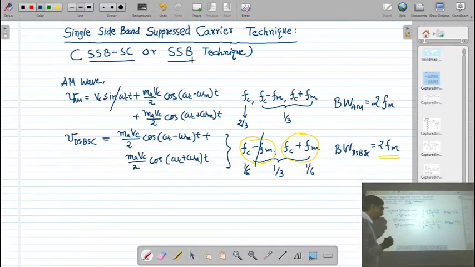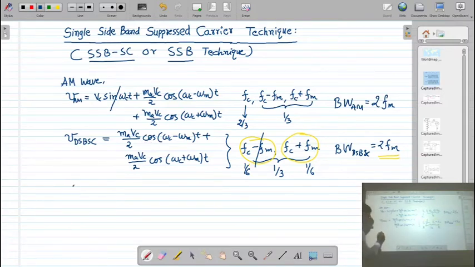So let us see what will be the expression for the SSB technique. Here in the SSB technique, as I already mentioned, you transmit either the upper sideband frequency or the lower sideband frequency.